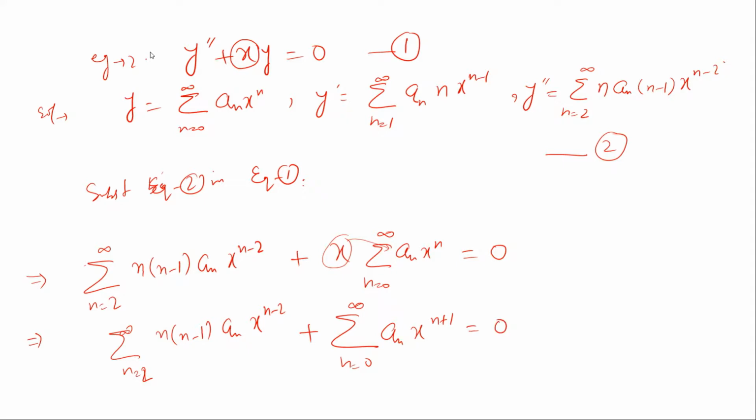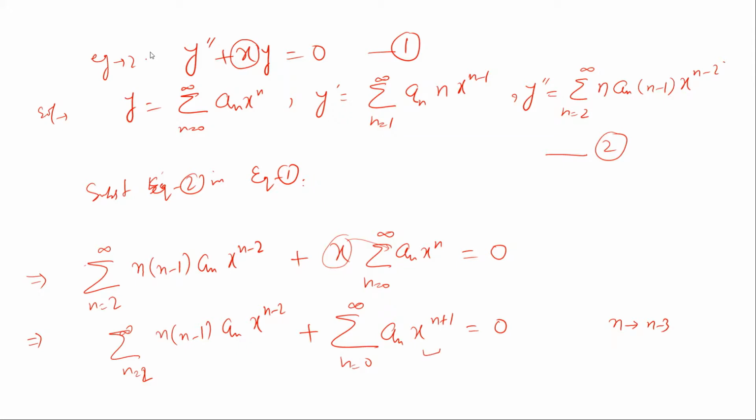So now this is n plus 1 and it is n minus 2. So here the difference is of 3, so we can replace n as n minus 3 here.